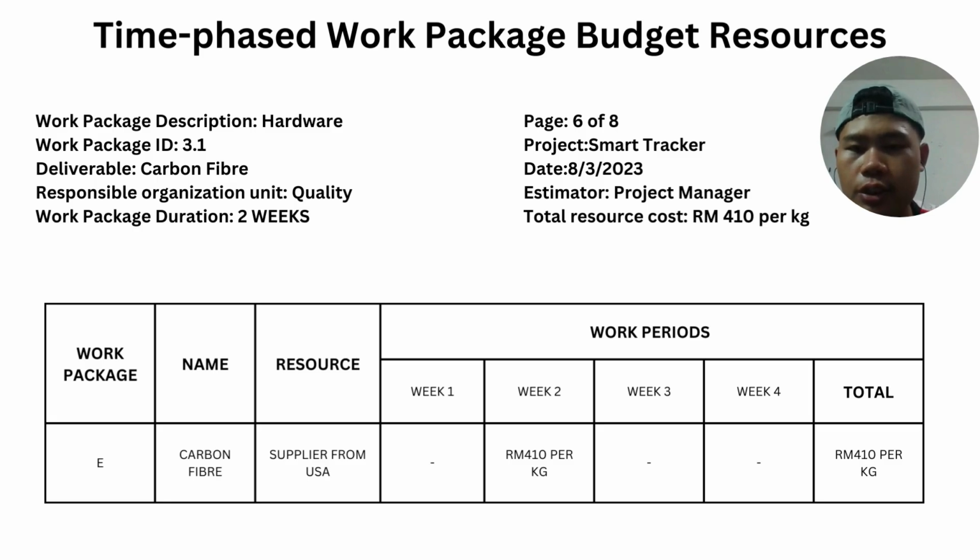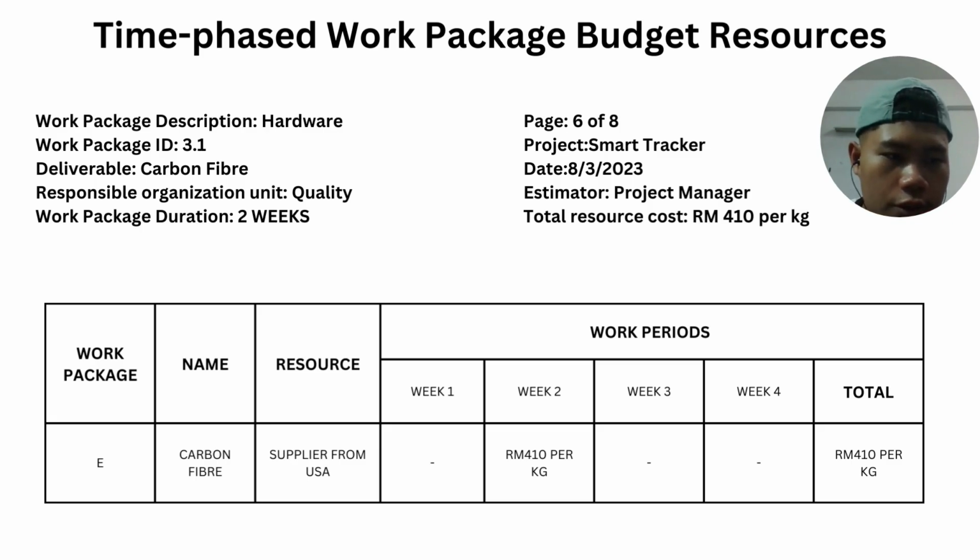Responsible organization unit is quality, because the quality check tester will conduct or assign or manage this project. The work package duration is 2 weeks, where it will be done from week 1 and week 2.